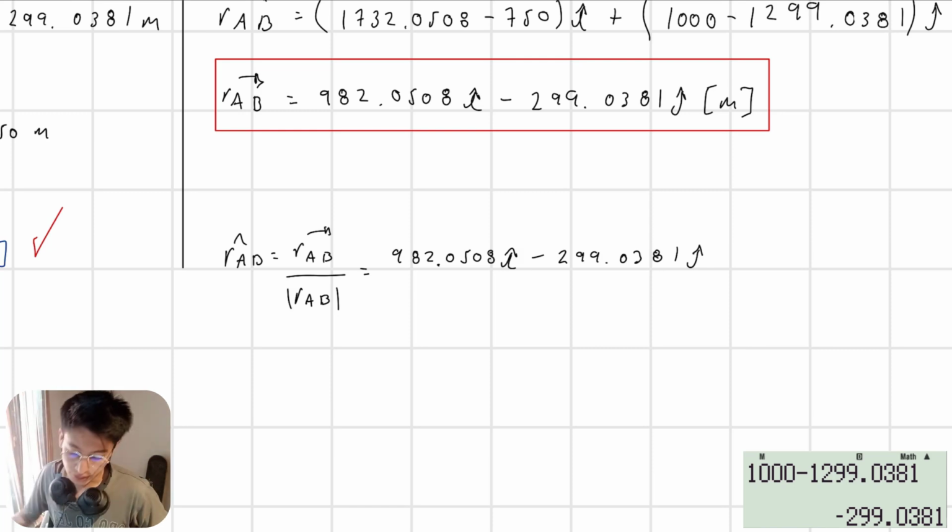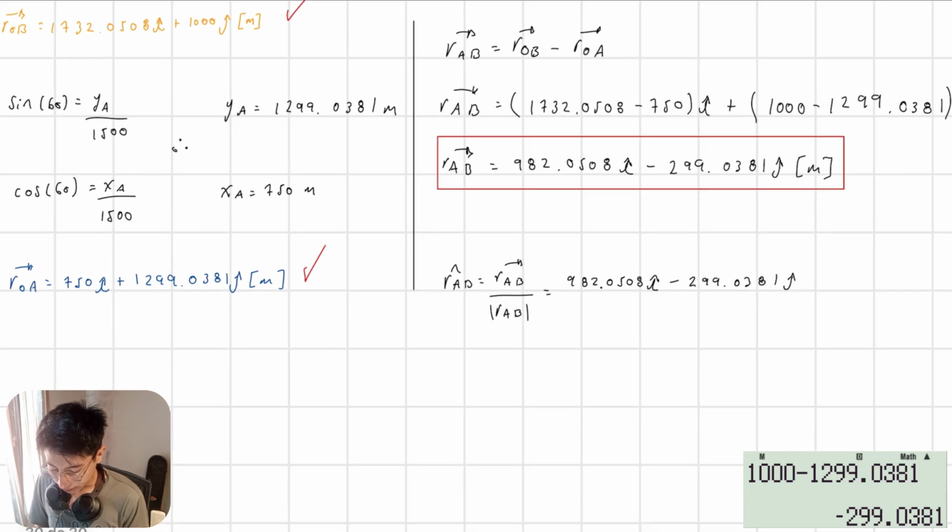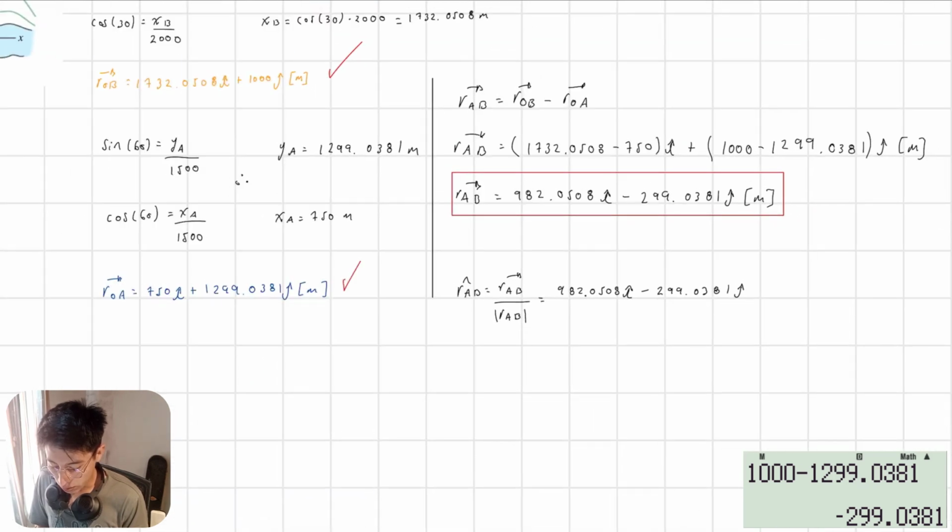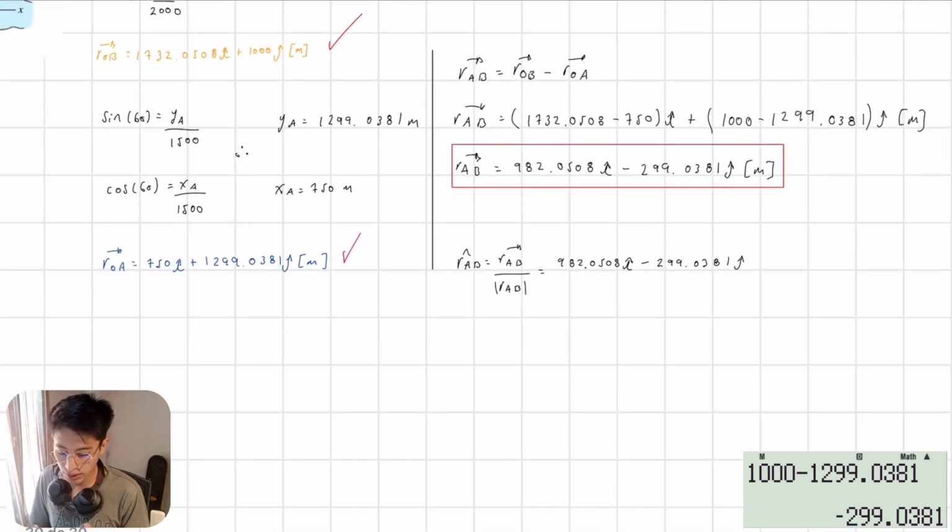And a scalar is simply a number. Well, it is not necessary to be whole, but it is just a number. It doesn't have any components. It could be 1, 1.2, 3, whatever. So when you have this, you have to divide every component of the vector by the magnitude.